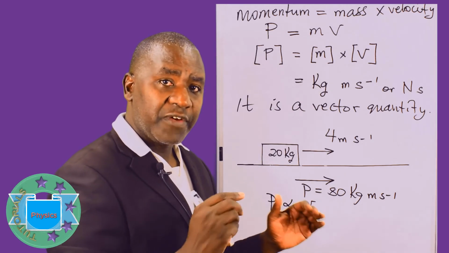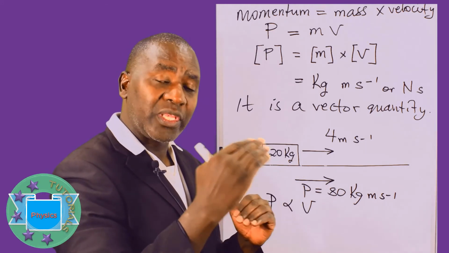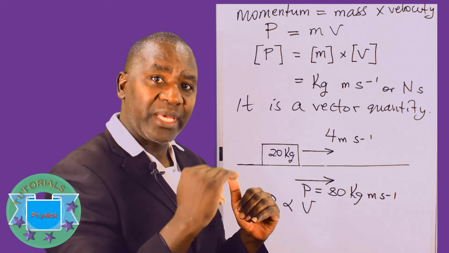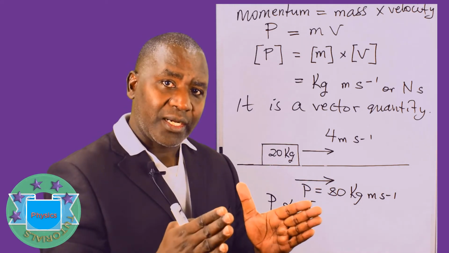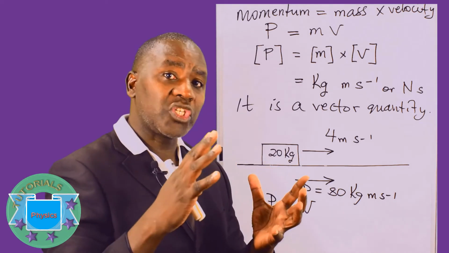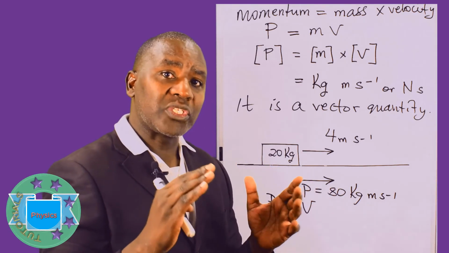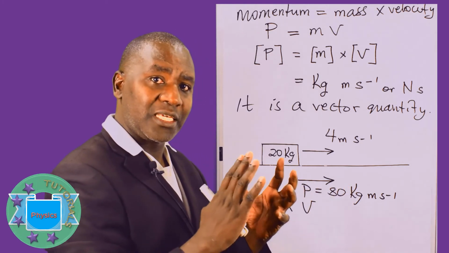That is, given two particles with different masses, the one with a bigger mass will have a higher momentum. For example, a small van and a truck moving with the same velocity, the truck will have a much higher momentum because its mass is very big compared to the small van whose mass is small.